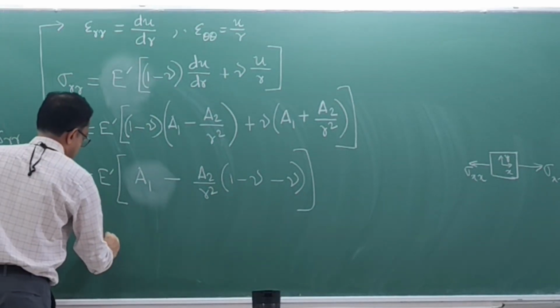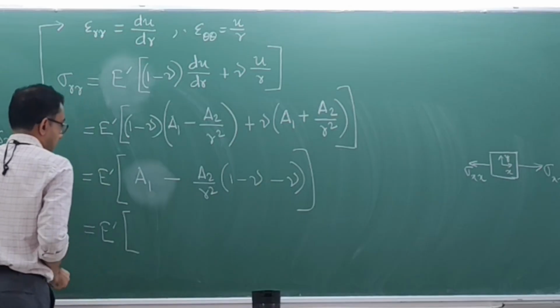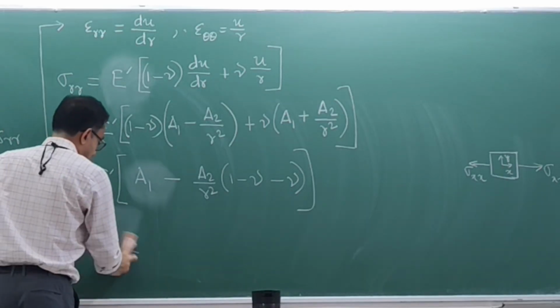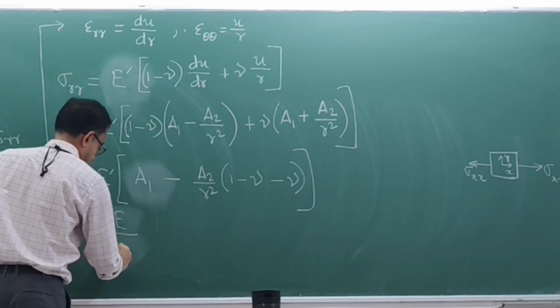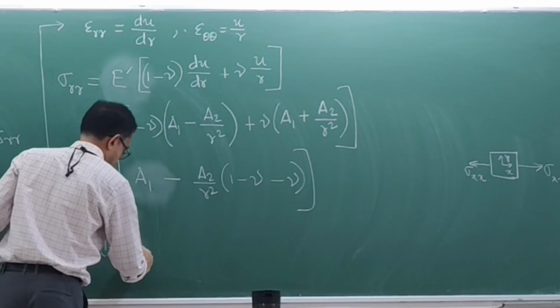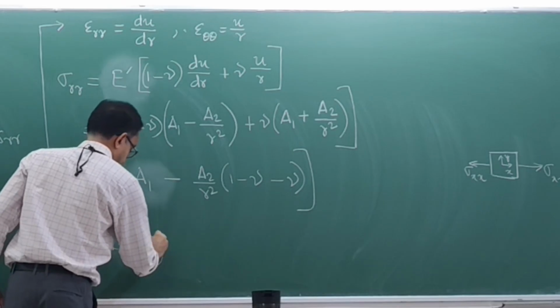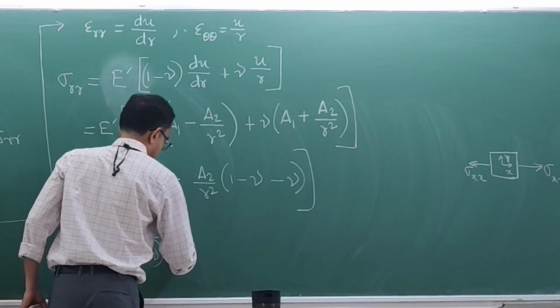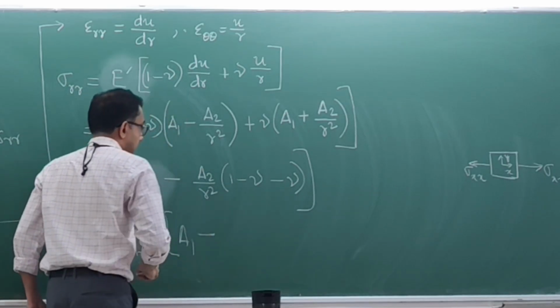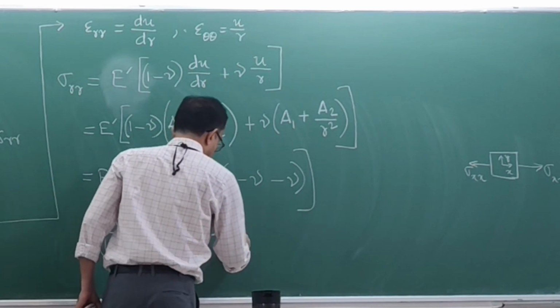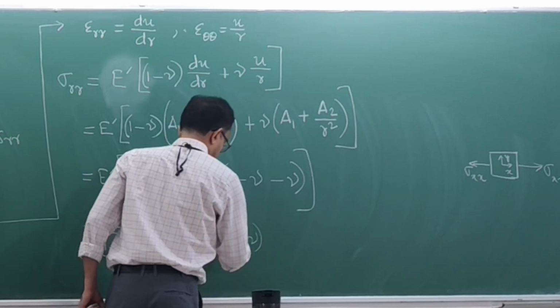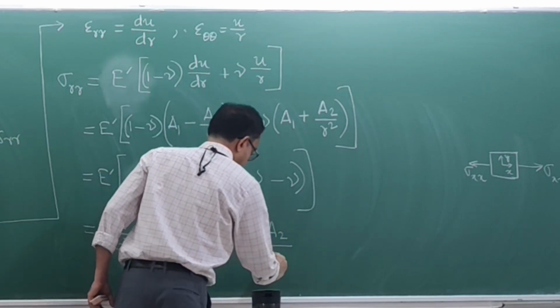So overall we get E dash, we can bring back the original thing. So this one will be 1 minus 2 nu, a2 by r square.